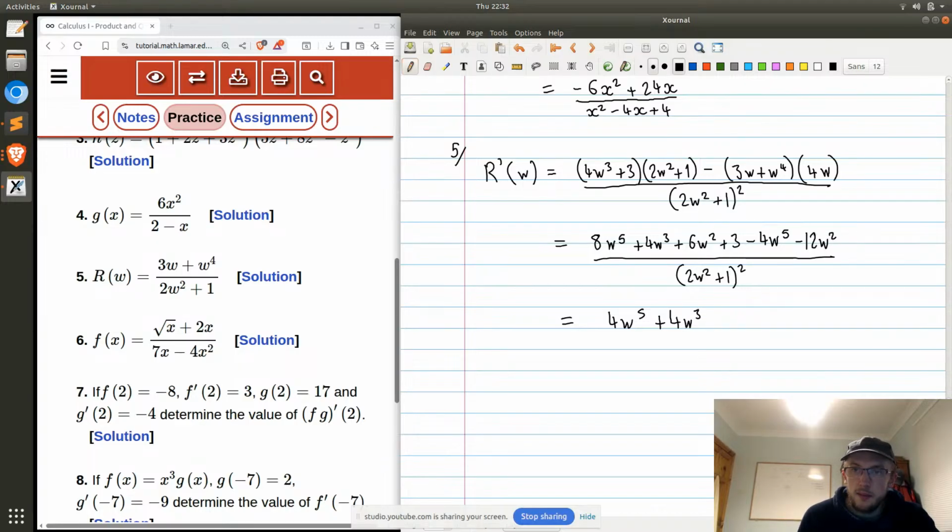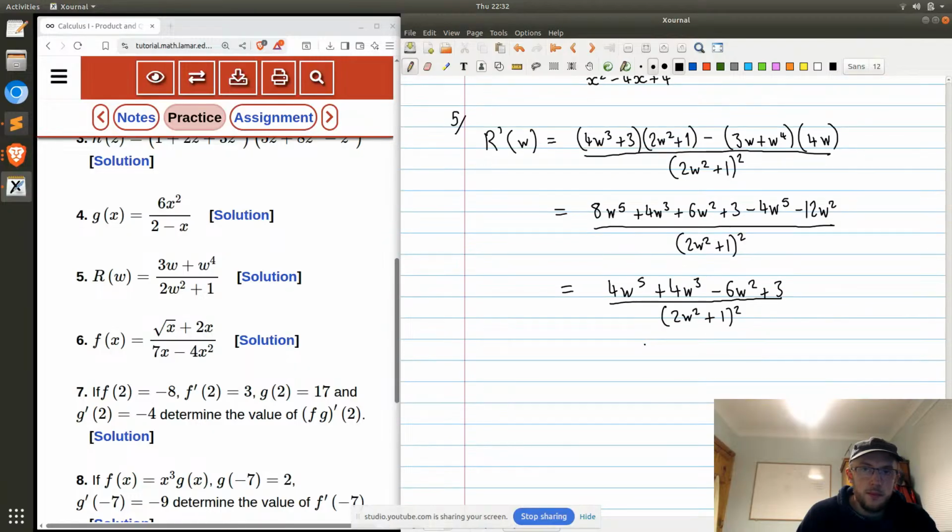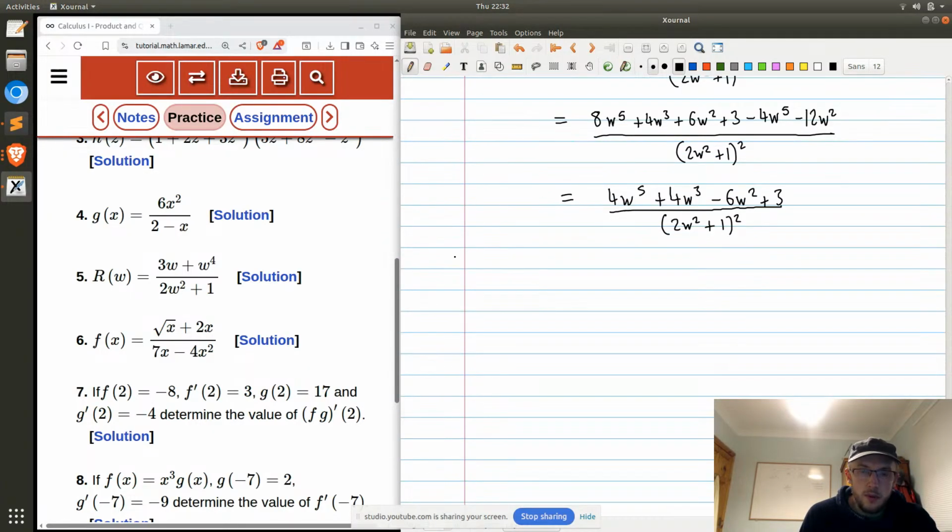Then, okay, so f prime g minus fg prime all over g squared.